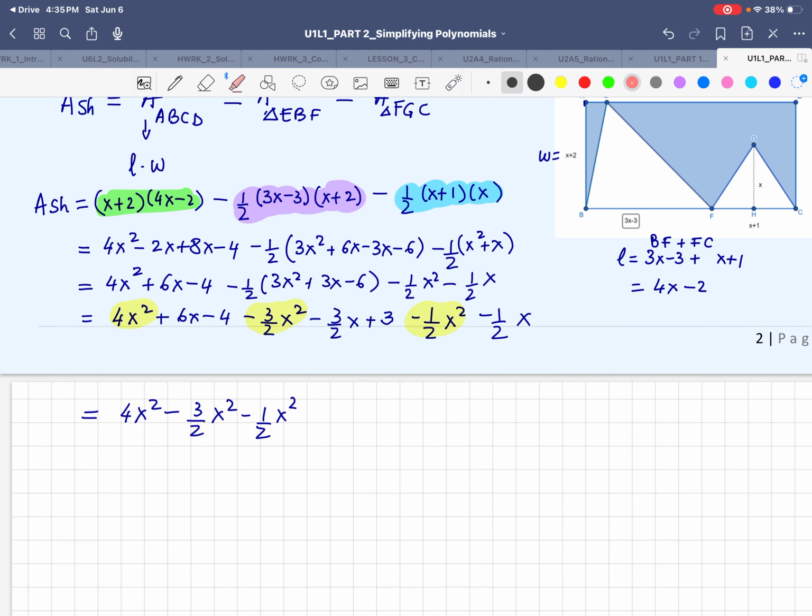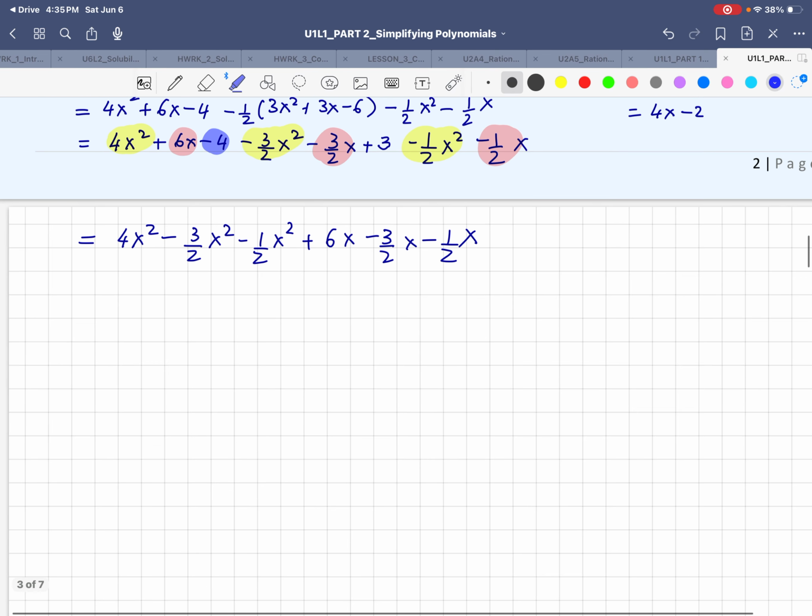So next we have 6x, so the x terms, negative 3 over 2 and negative 1 over 2. So 6x minus 3 over 2x minus 1 over 2x. And lastly, we have the constant terms, and we have negative 4 and positive 3 in our case. So negative 4 plus 3.